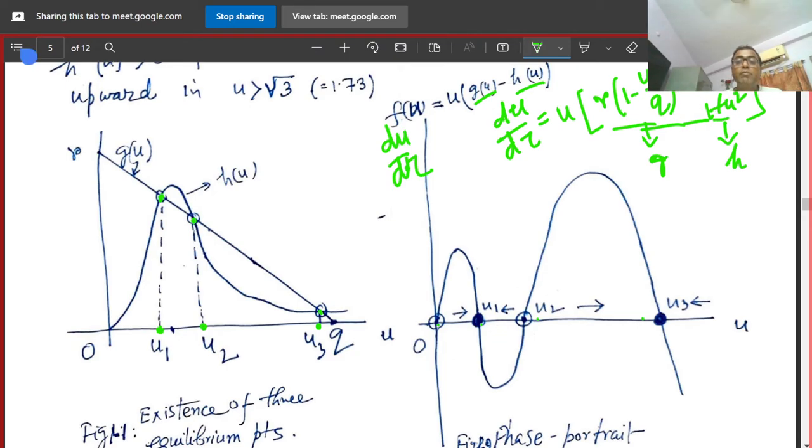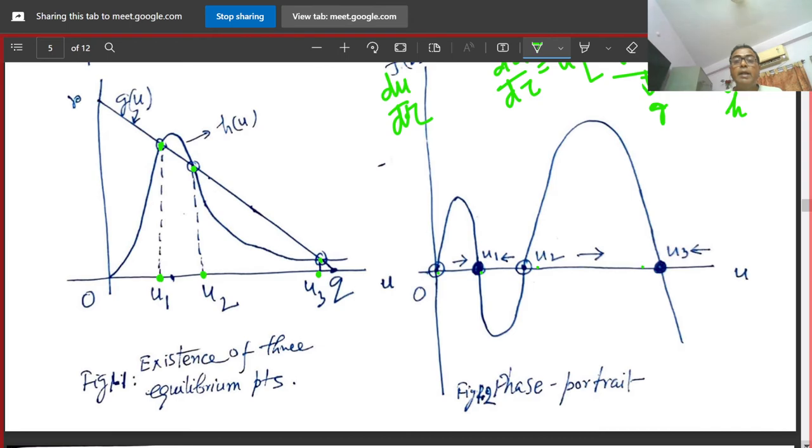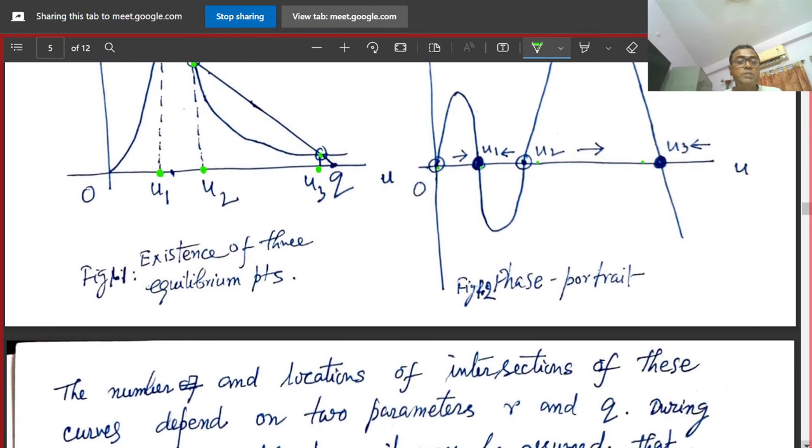So we get the 4 equilibrium points. Clearly we see that the origin 0 is unstable, but u1 is stable, u2 is unstable, u3 is stable. This is the phase portrait.